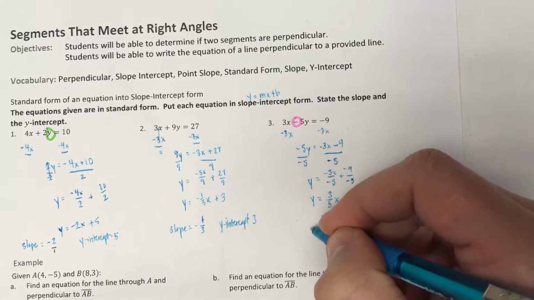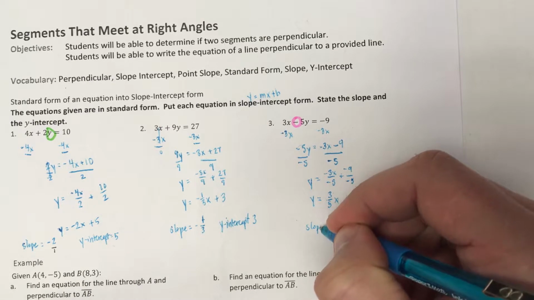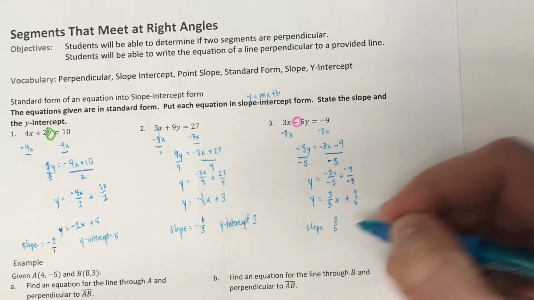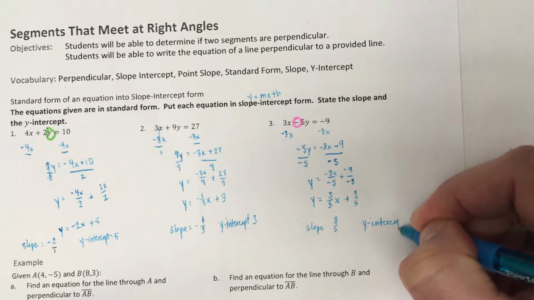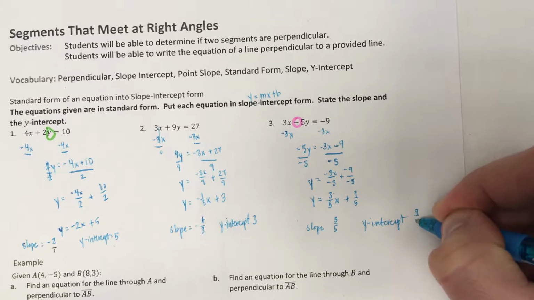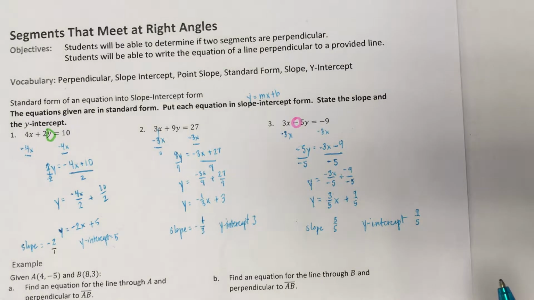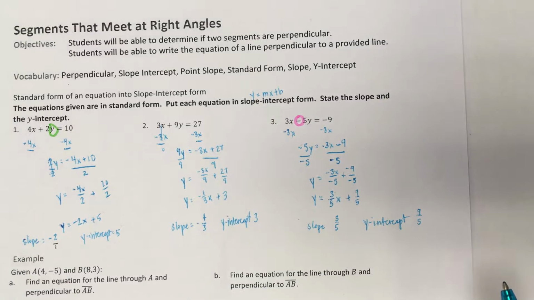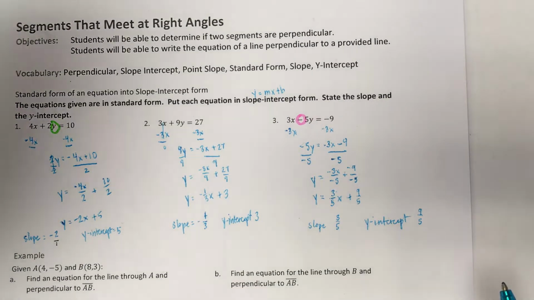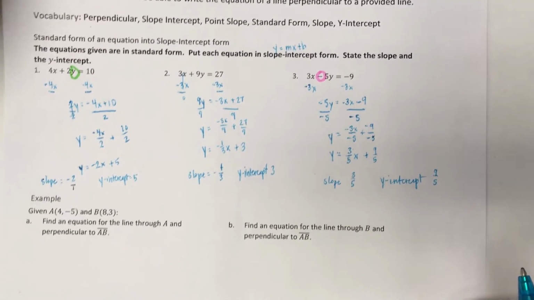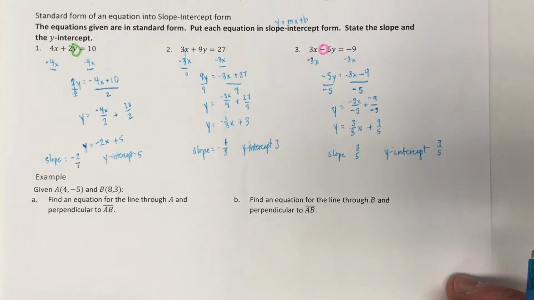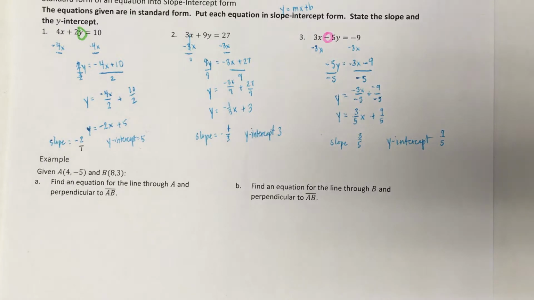Notice how they turned out positive, so my slope is 3/5. And it's okay that the y-intercept is a fraction, because in life a lot of the numbers that we deal with are not just simple, easy to deal with numbers. Think about your gas when you go buy it at a gas station. It's never just like $3 or $2.